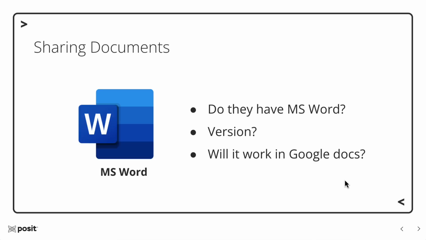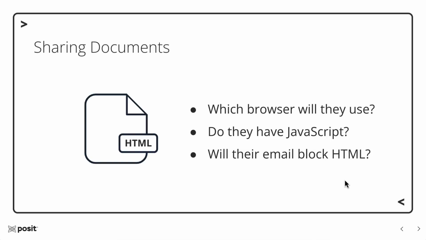We're not sure. So maybe you try a different format and you want to create an HTML document. So if you go to share an HTML document with somebody, you have a whole new set of questions, such as, what internet web browser will they use to open up this document, which is essentially a web page? Are they going to use Safari, Firefox, Chrome, and depending on what browser they use, it may render slightly differently.